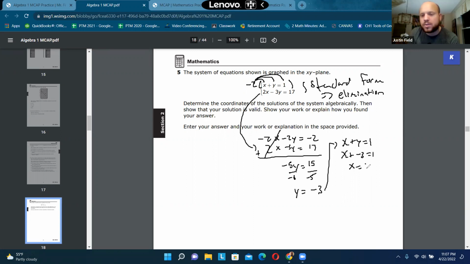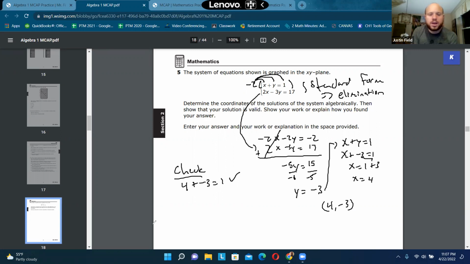So x equals 1 plus 3, put that 3 over there, and 1 plus 3 is 4. So the answer is 4, negative 3. And to show that our solution is valid, we're going to check. So 4 plus negative 3 equals 1.